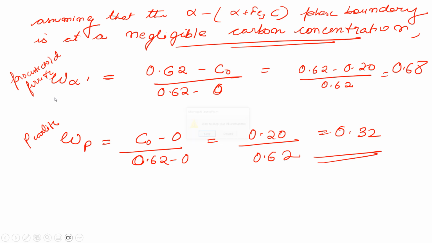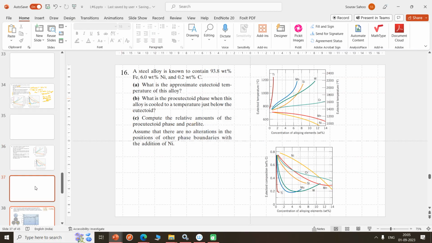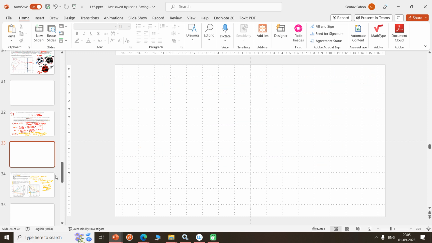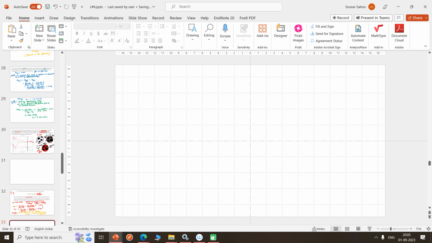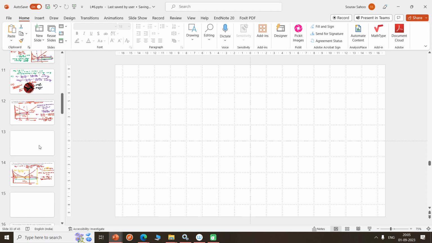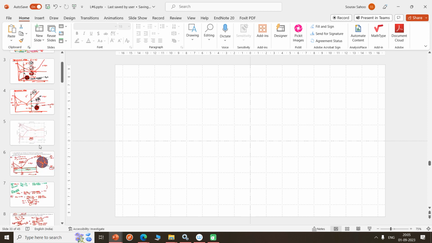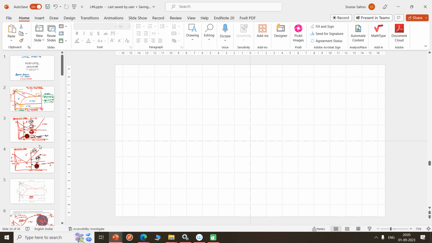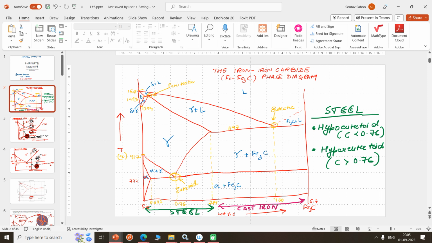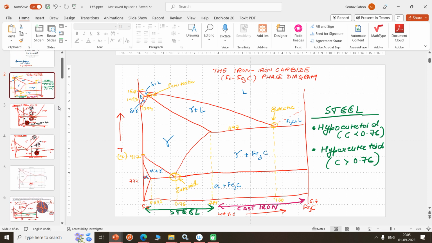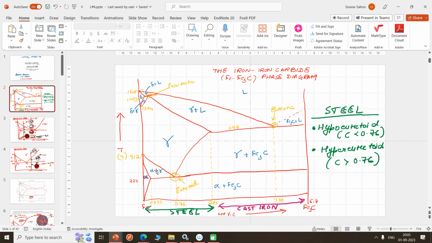Great, so that should be the last question. I guess we have crossed the time. So this week we solved questions mostly on the iron carbon phase diagrams. Specifically, we have seen how different concentrations in the hypoeutectoid and hypereutectoid regimes lead to different phase formations at different temperatures, and also the relative amounts of proeutectoid ferrite or proeutectoid cementite phases in hypo or hypereutectoid regimes respectively.